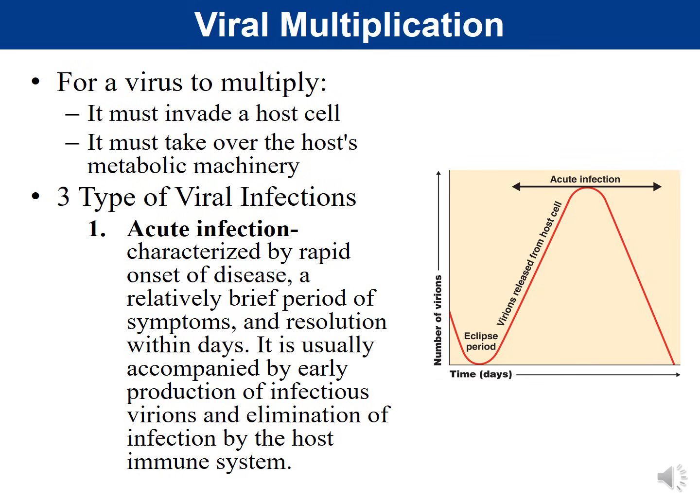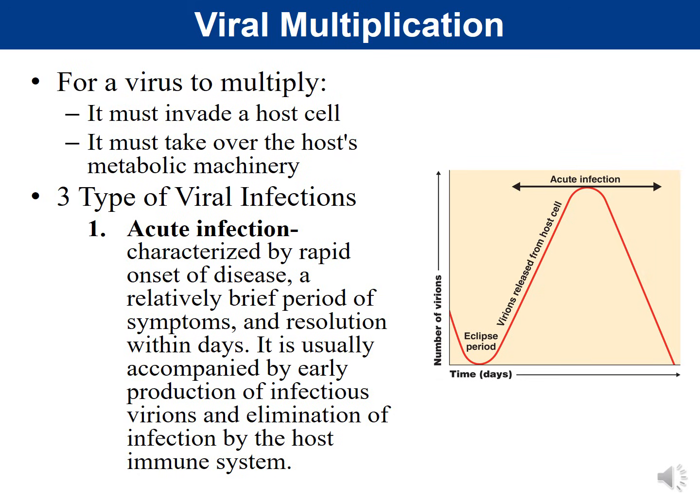And so we're going to talk about three main types of viral infections. The first is the one that you're probably most common with, and that's what's called an acute infection. An acute infection is characterized by rapid onset of the disease, meaning the disease comes on quickly, a relatively brief period of symptoms, so typically, again, days, we're not talking years in this case, and resolution of the infection within days.